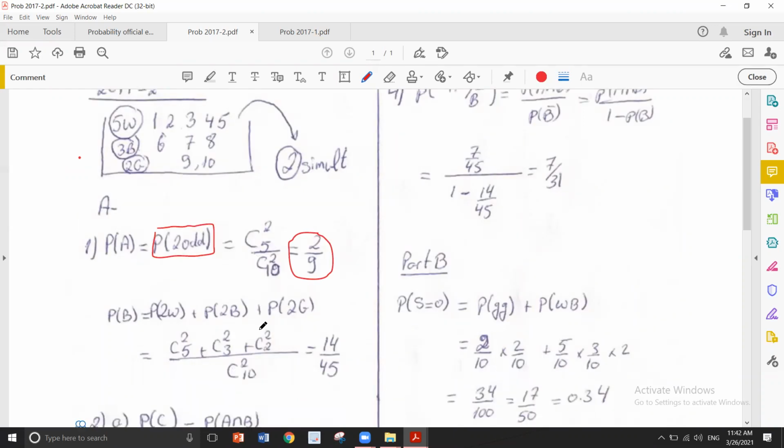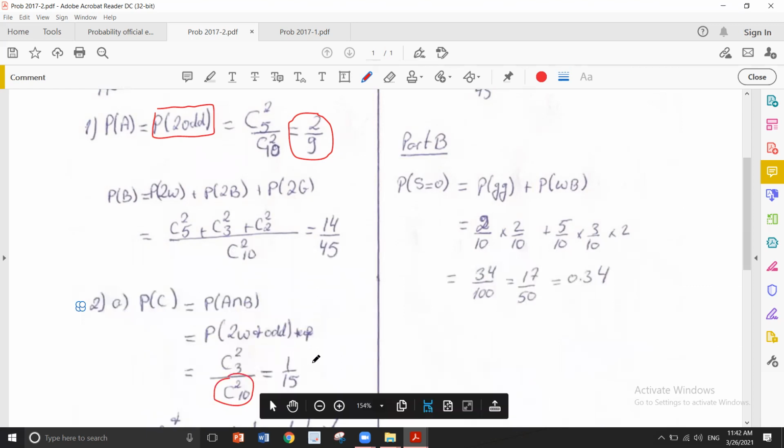So I have to choose from them 2, which is C(3,2), equal to 1/15. We have 3 odd numbers among the white.